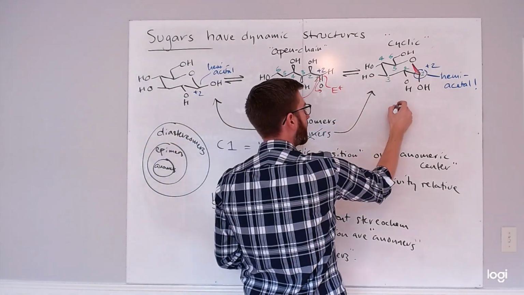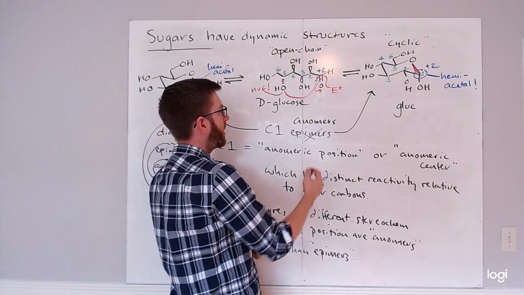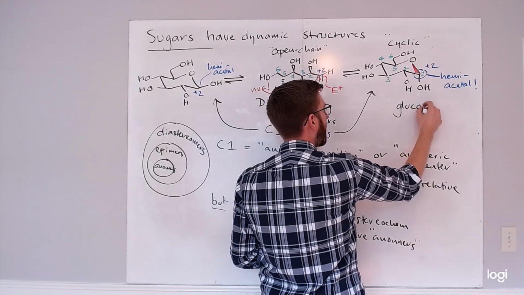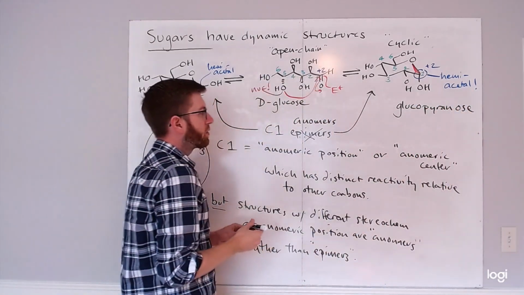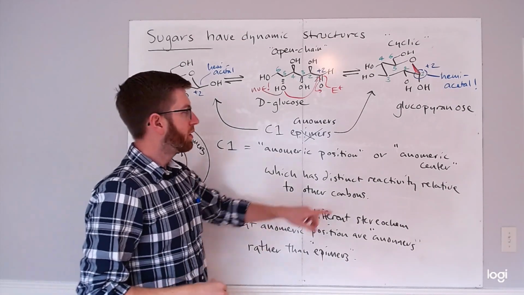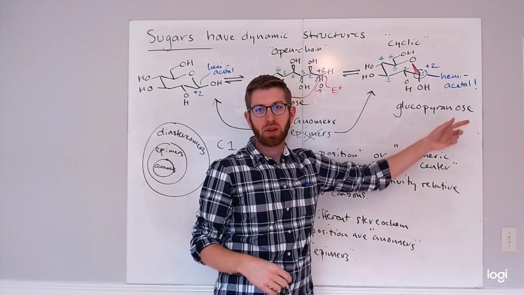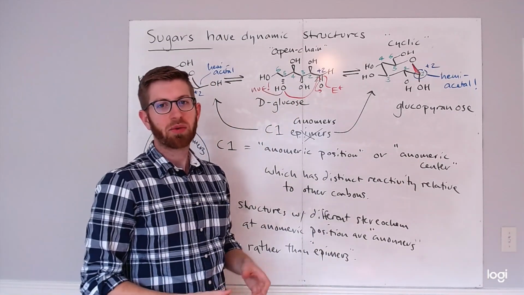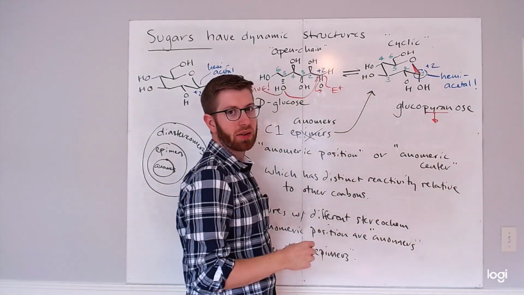So we still have the prefix gluc, but we don't necessarily have an open chain form anymore, so we're going to add another term. We're going to call this glucopyranose. So parts of these words we understand. The gluc was the stereochemistry, the ose is the molecular formula comparison that we did earlier in the video. And pyran tells me that I have a 6-membered ring in this particular form of sugar.